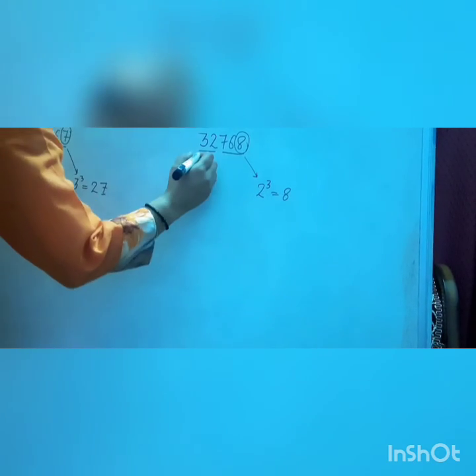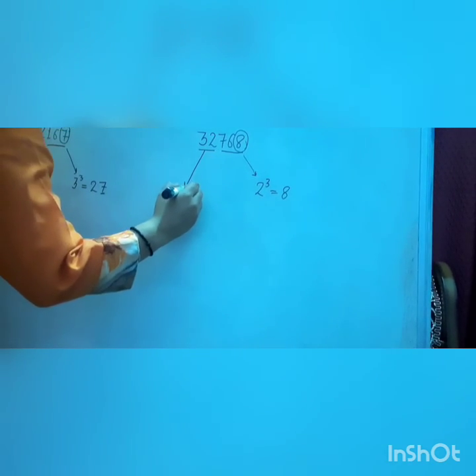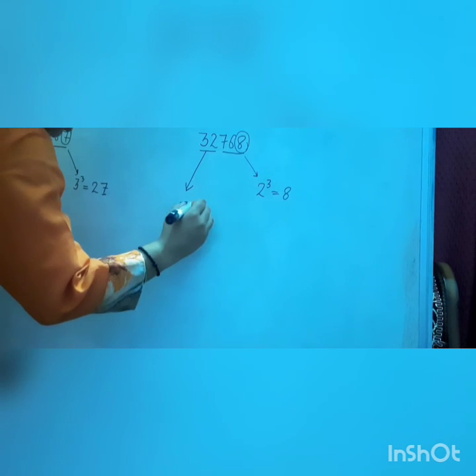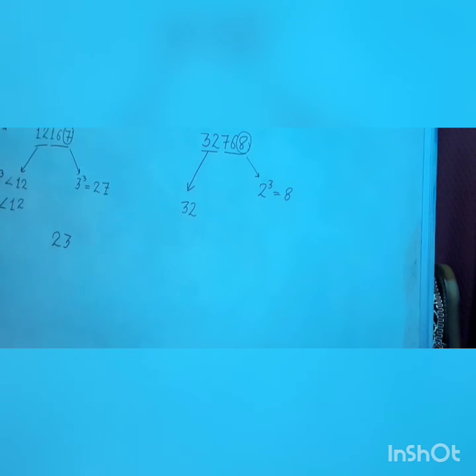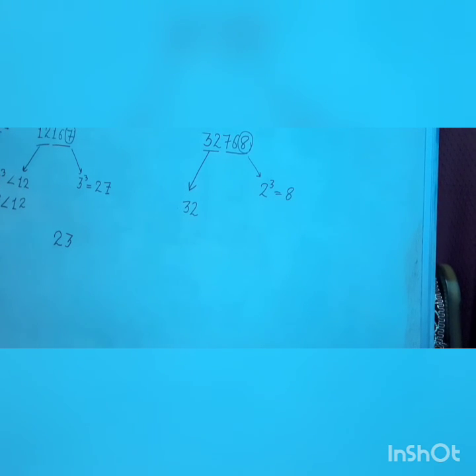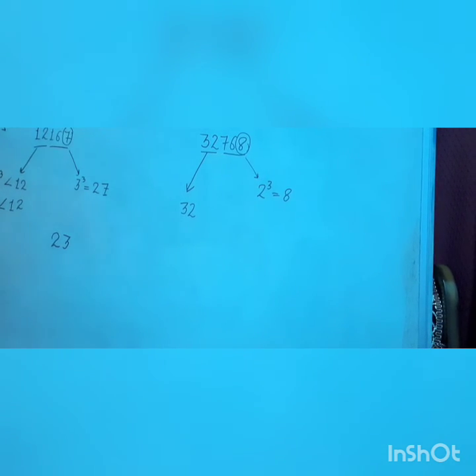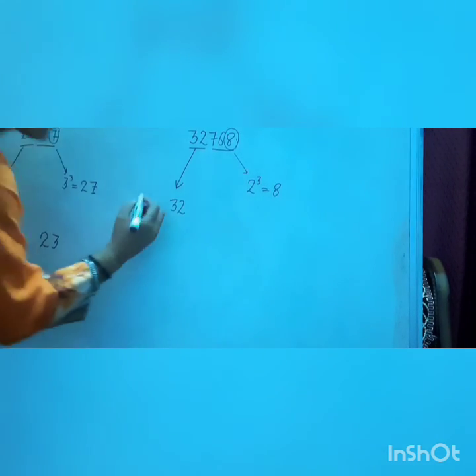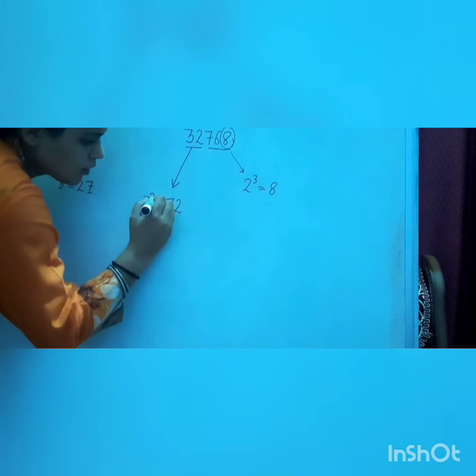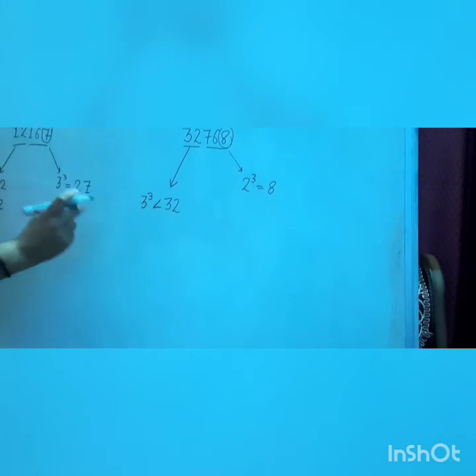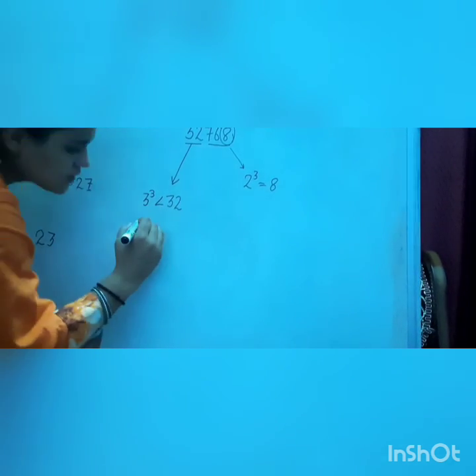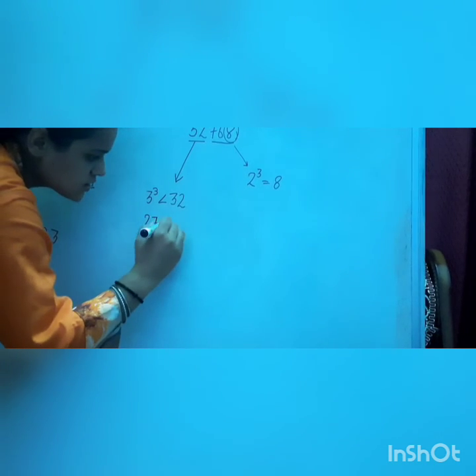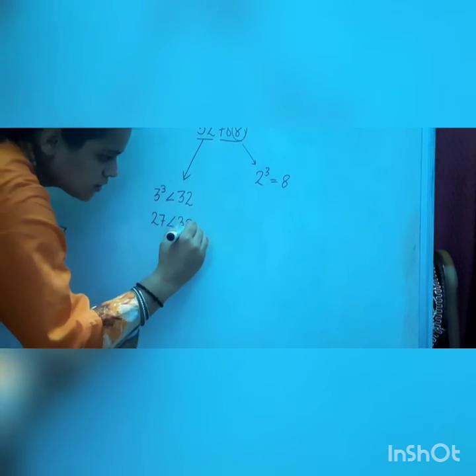And in 32, you see which number multiplied 3 times is less than 32. That number is 3. 3 times 3 are 9, 9 times 3 are 27. 27 is smaller than 32.